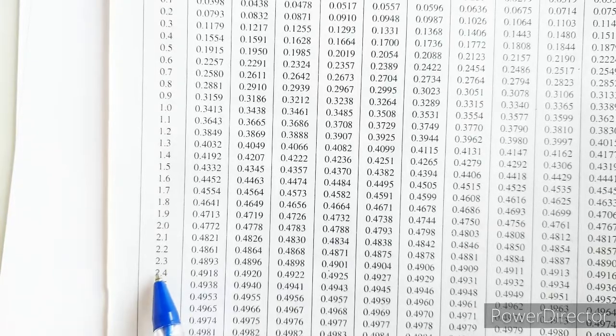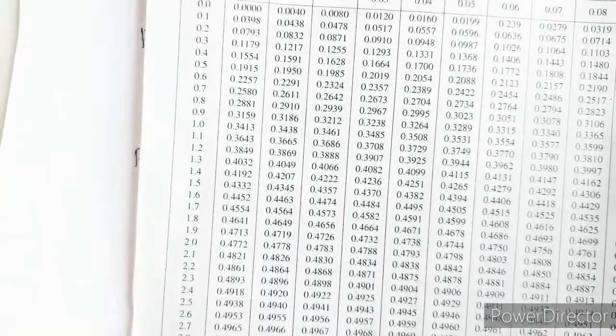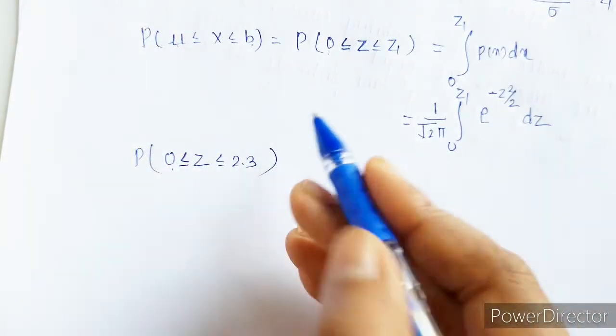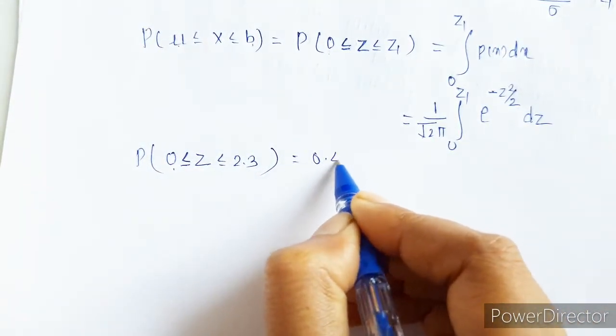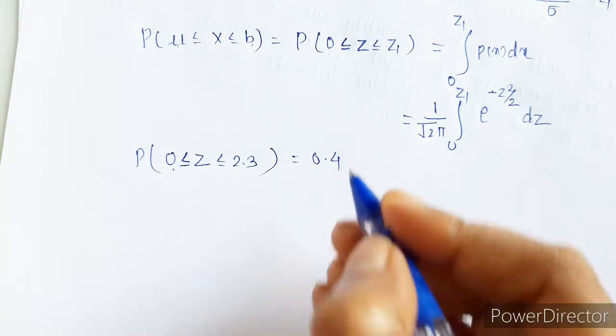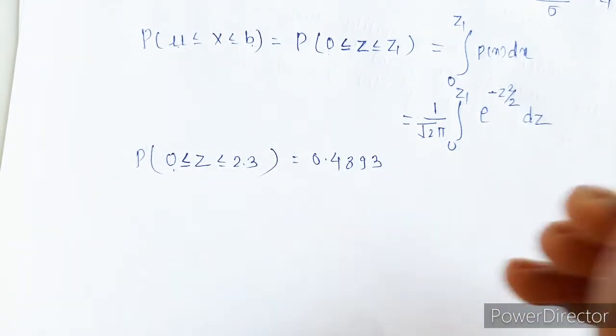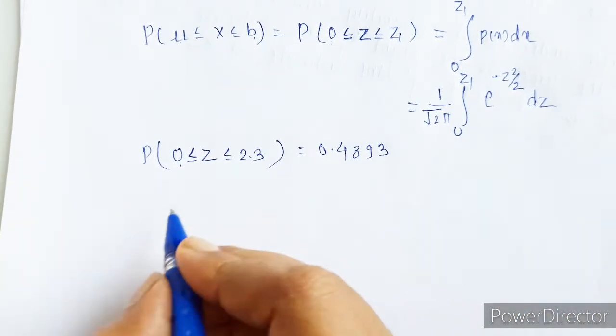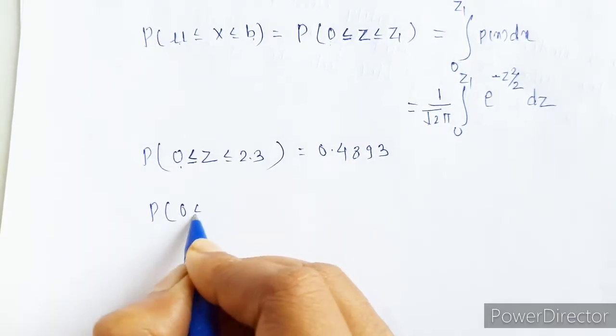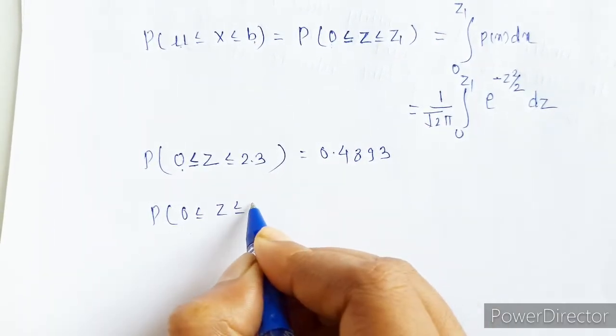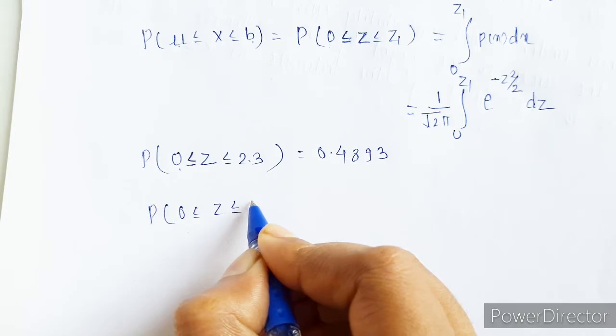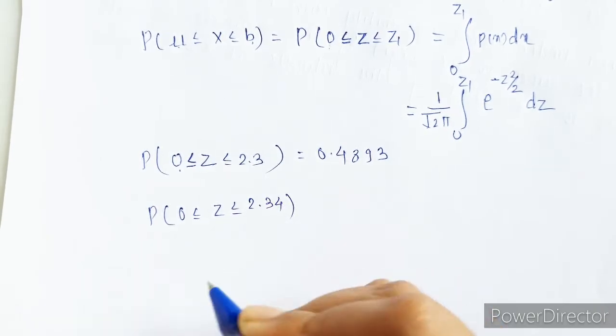The area from 0 to 2.3 is nothing but 0.4893.